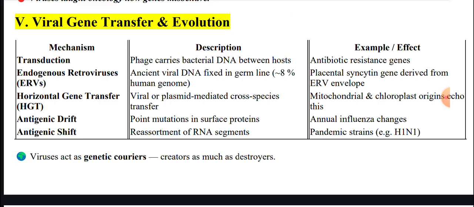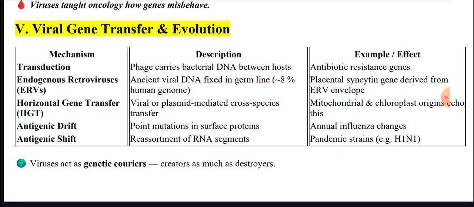That's HGT in bacteria. But the notes make an even more startling claim about our genome, with endogenous retroviruses, ERVs. Right. This is mind-blowing when you first encounter it. ERVs are the fossilized remains of retroviruses that infected the germline cells, the sperm or egg cells of our ancestors millions of years ago. Because the infection was in the germline, the integrated provirus became part of the host's heritable genome.